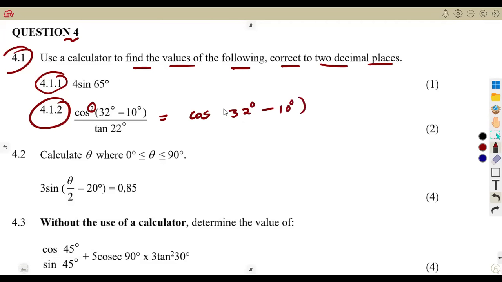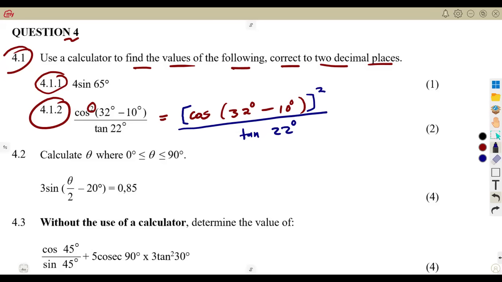Your calculator is going to show it like this, but you need to square it. So you must have another bracket so that this can be squared, and everything is over tan 22 degrees. You can simply evaluate in this manner on your calculator as long as your presentation is in this form.